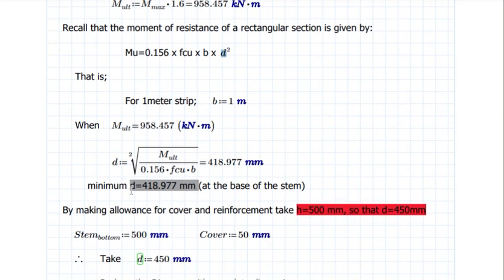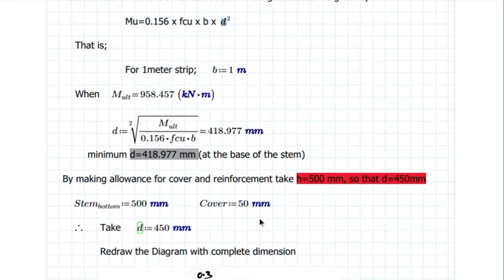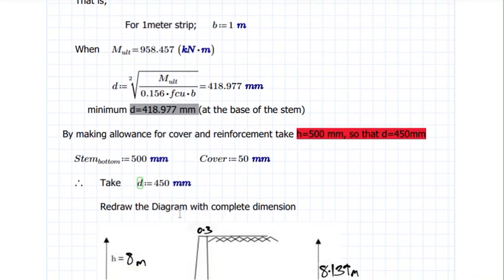Now we've gotten our D. The minimum D you should use is 418.977 mm. I'm taking D to be 450, considering the cover and the steel bar, so we are taking our D to be 450.